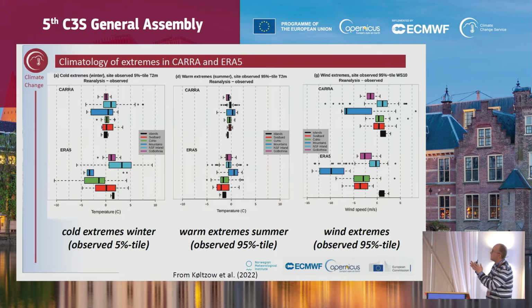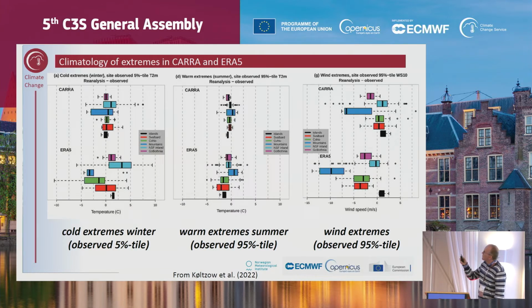Ideally, we want these box plots to collapse on the vertical zero line, meaning that the 5th percentile is similar in the observations and in the reanalysis. Of course, they are not.